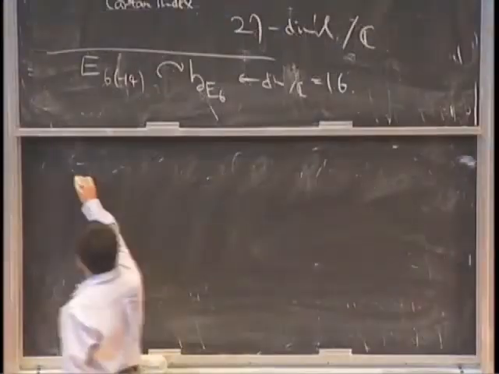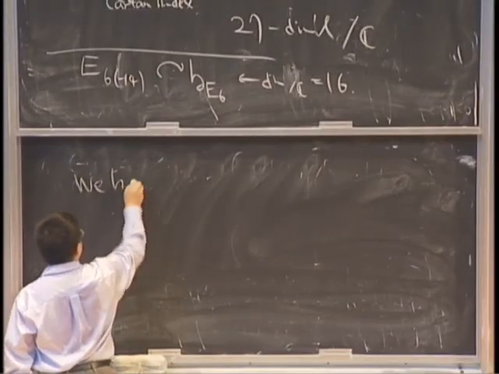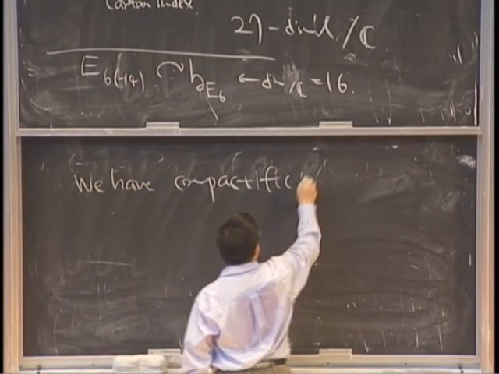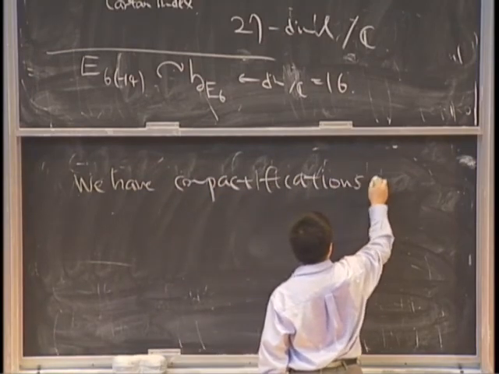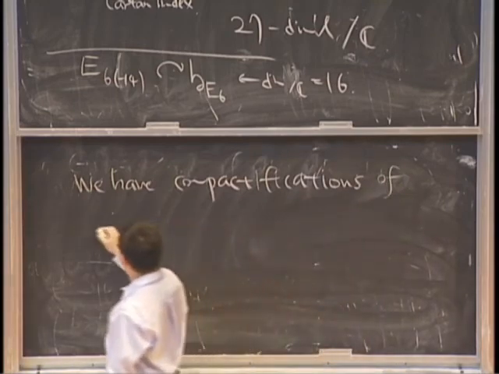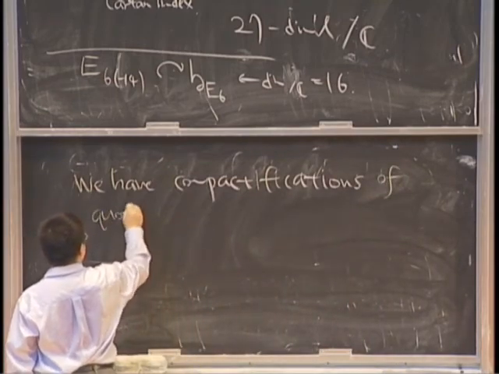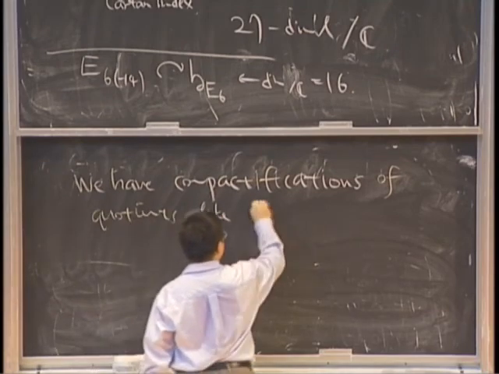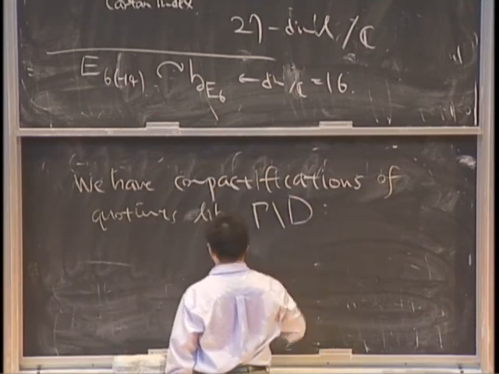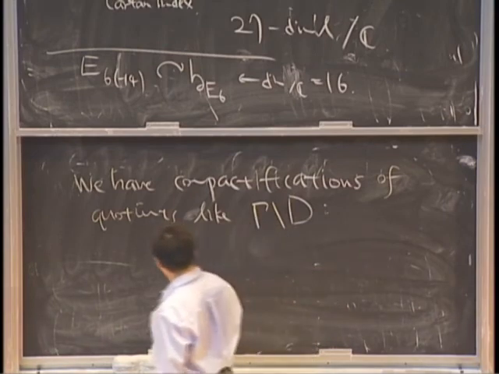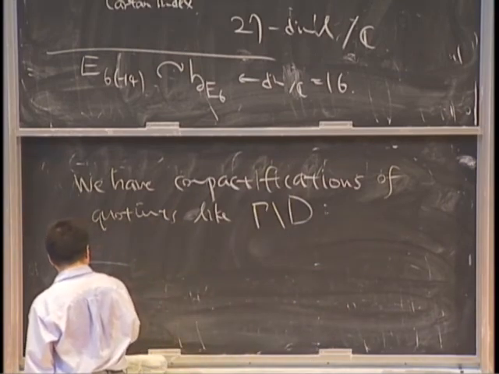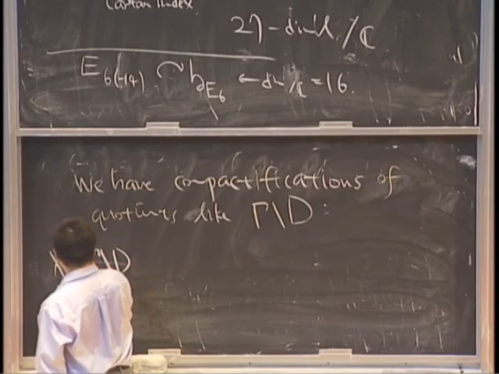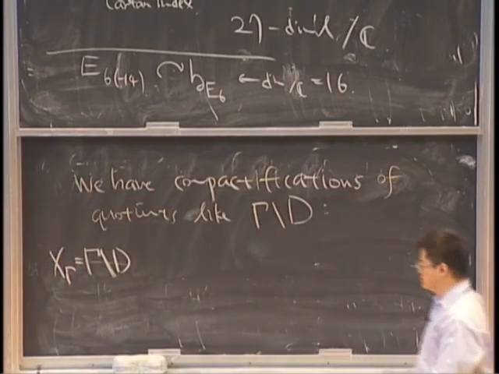We have nice compactifications of quotients like, let me start with here and just call it X gamma. So this is only at the level of quotients of symmetric domains.